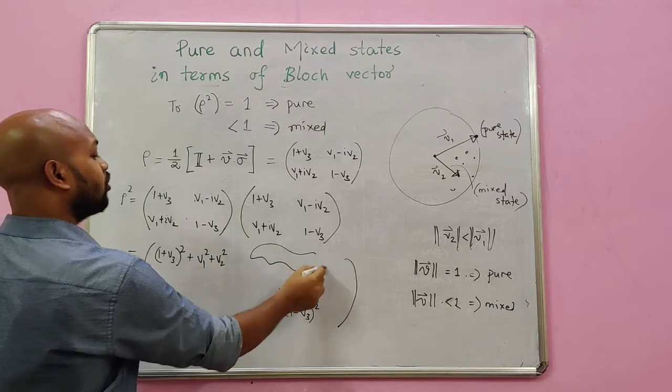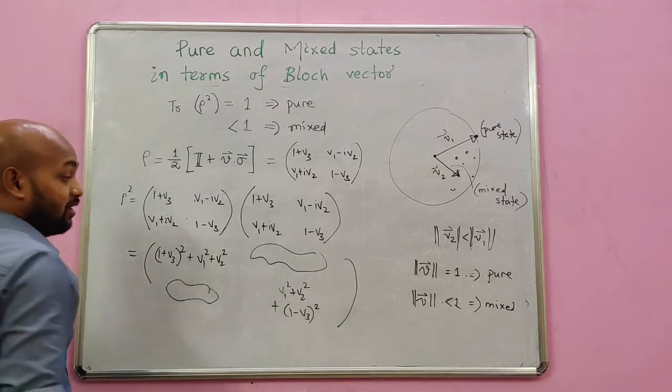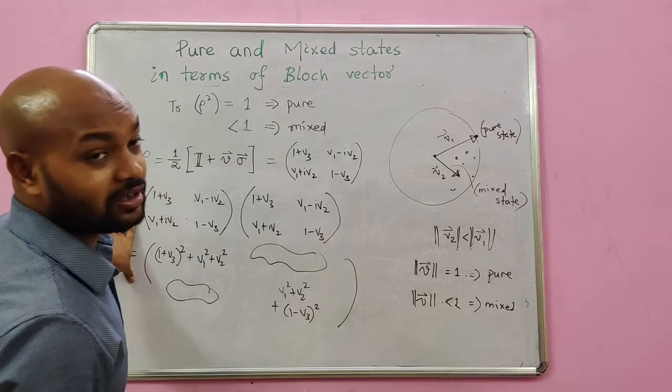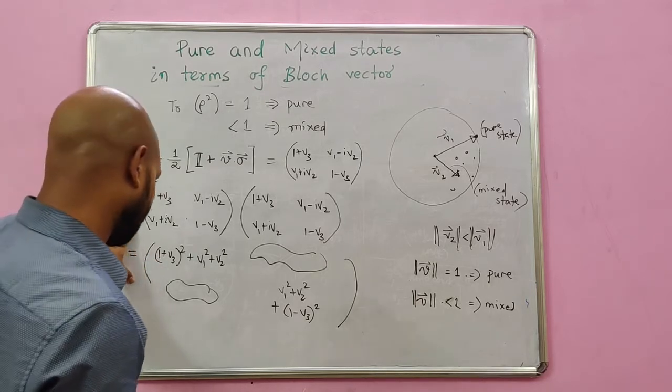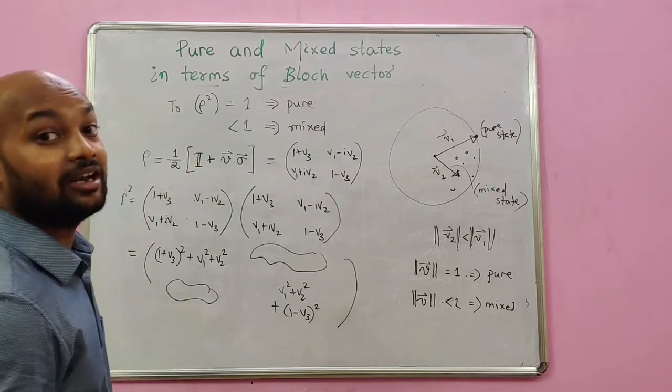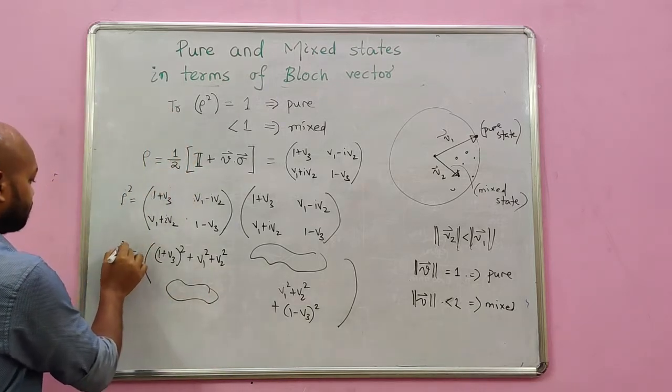I am not caring about the off-diagonal terms for the following reason: I need the trace of rho square at the end, so for the trace I just need the diagonal terms. So let me not calculate them.